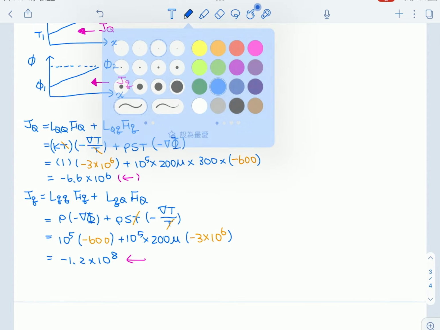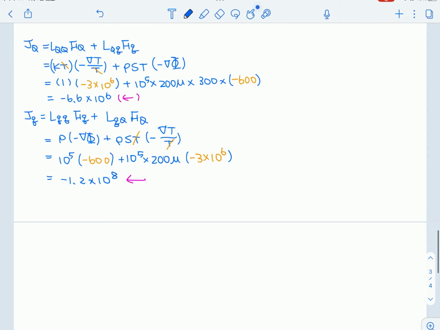So part C just asks you to calculate the entropy production rate, right? It would be like this: flux times driving force, plus the flux times driving force. So you get 300.